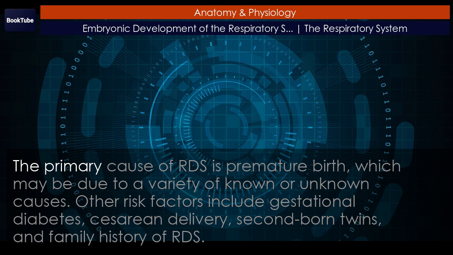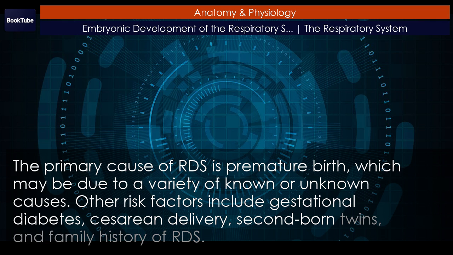The primary cause of RDS is premature birth, which may be due to a variety of known or unknown causes. Other risk factors include gestational diabetes, cesarean delivery, second-born twins, and family history of RDS.